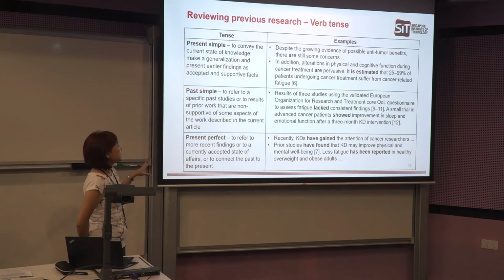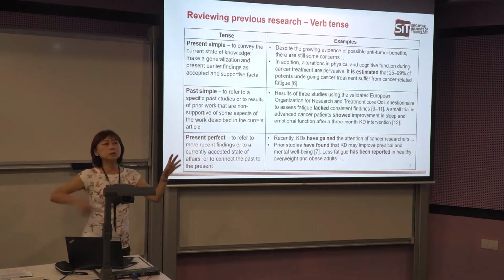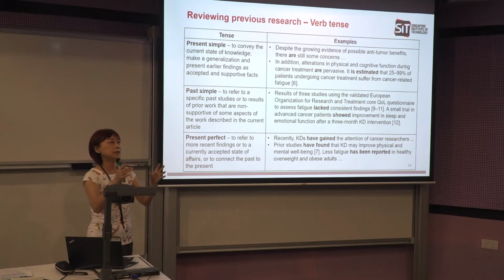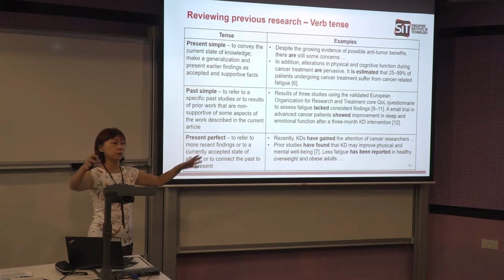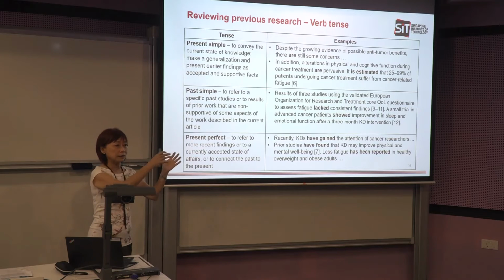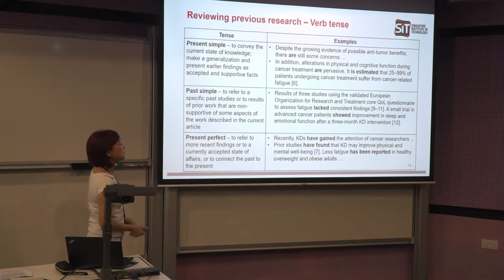And then the last tense that is quite common in review of literature is the present perfect. Present perfect can refer to more recent findings or currently accepted state of affairs, or just connect the past to the present to show that, because this is still part of the review, there's that continuation, yeah?